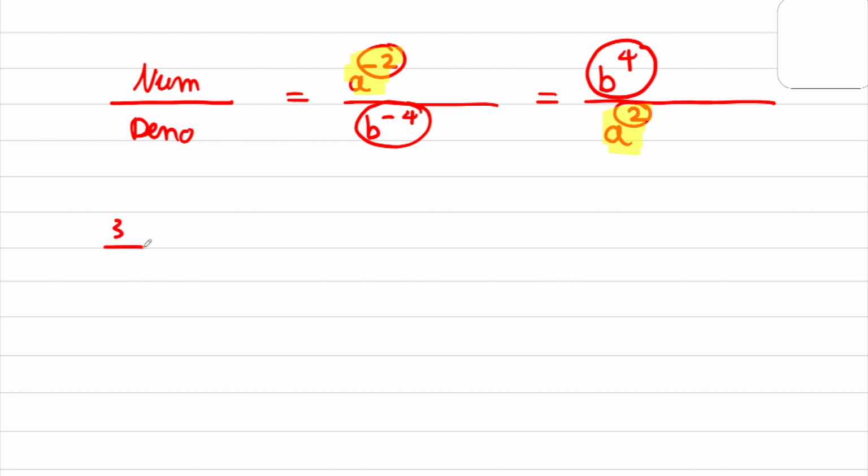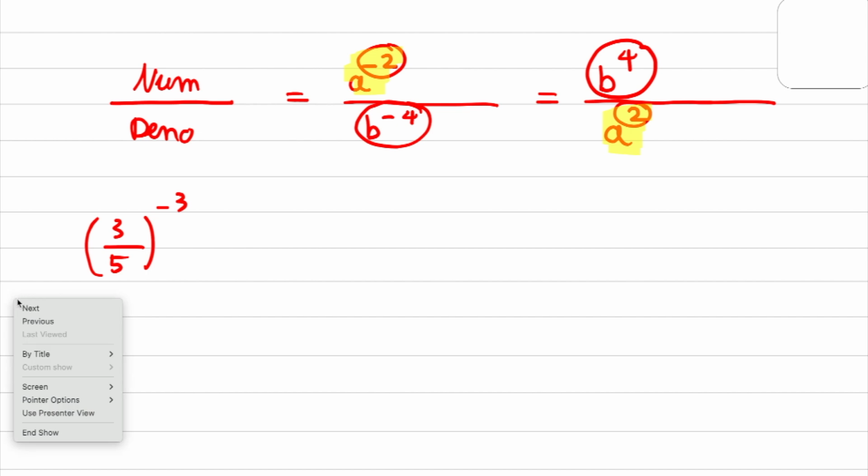You have 3 over 5, and then minus 9 outside like this. Sorry, I will change this one to 9. Yes, 3 over 5 to the power of minus 9.